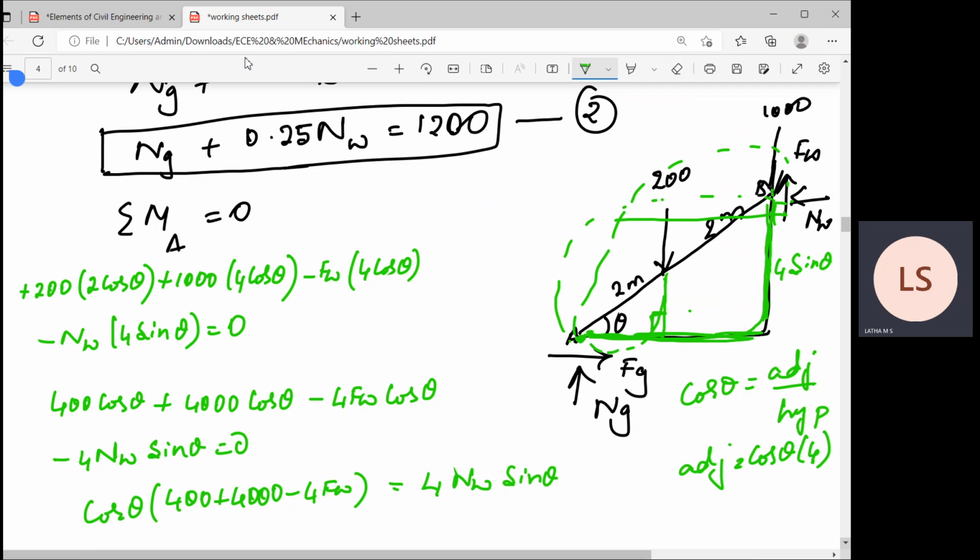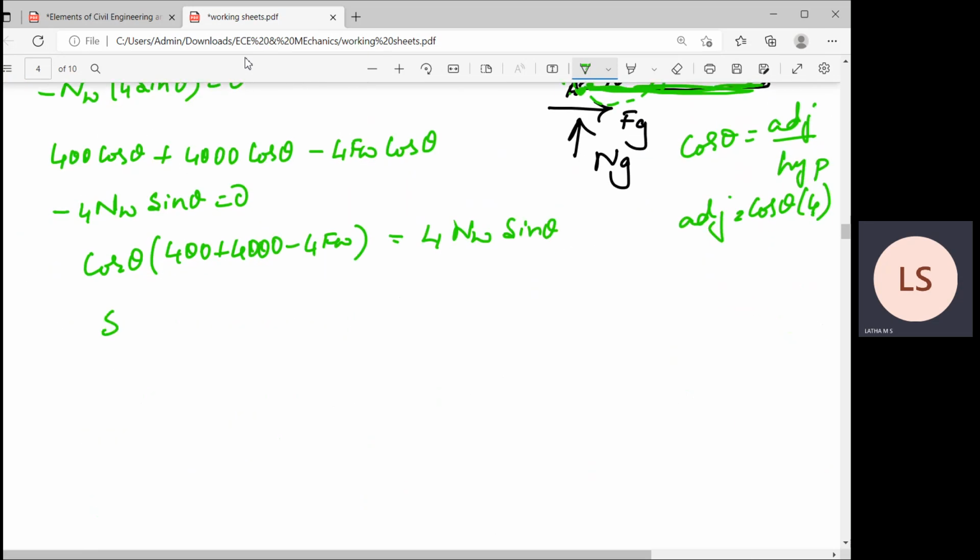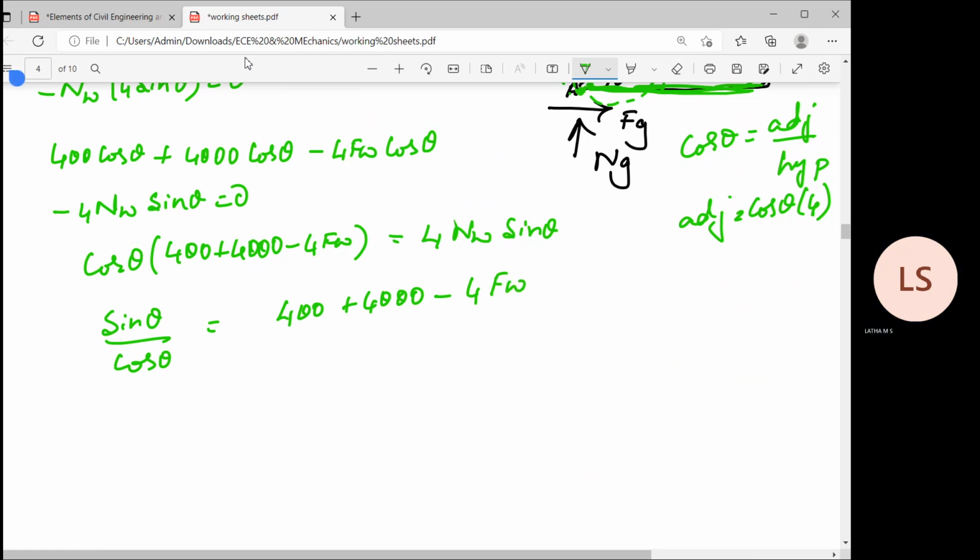Now I can take sin theta by cos theta will be equal to what? 400 plus 4000 minus 4 Fw divided by 4 Nw.